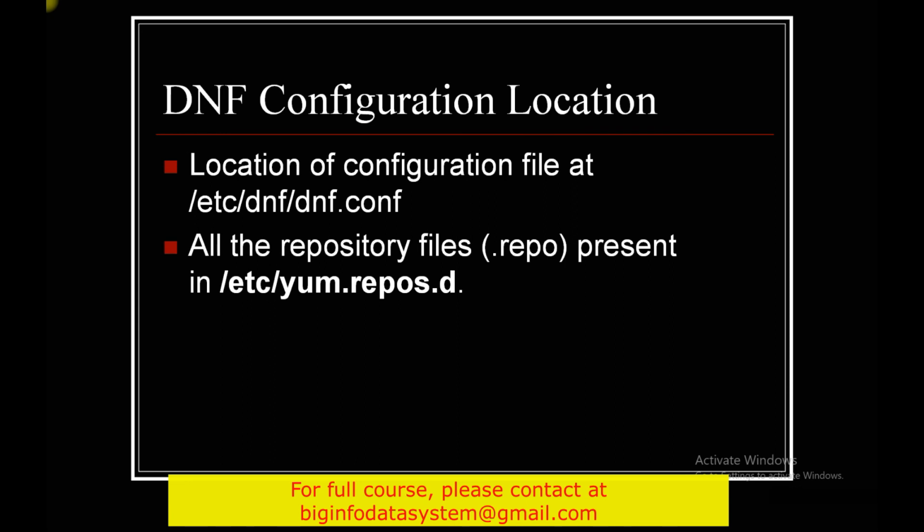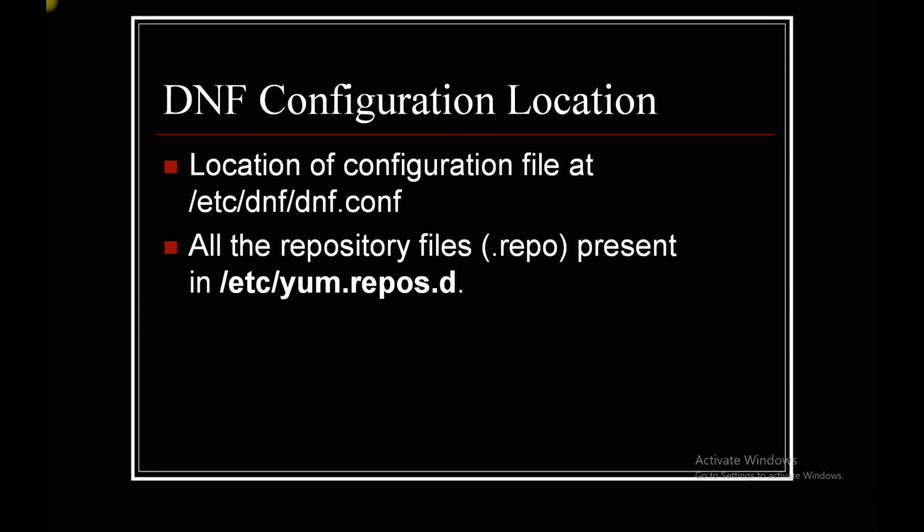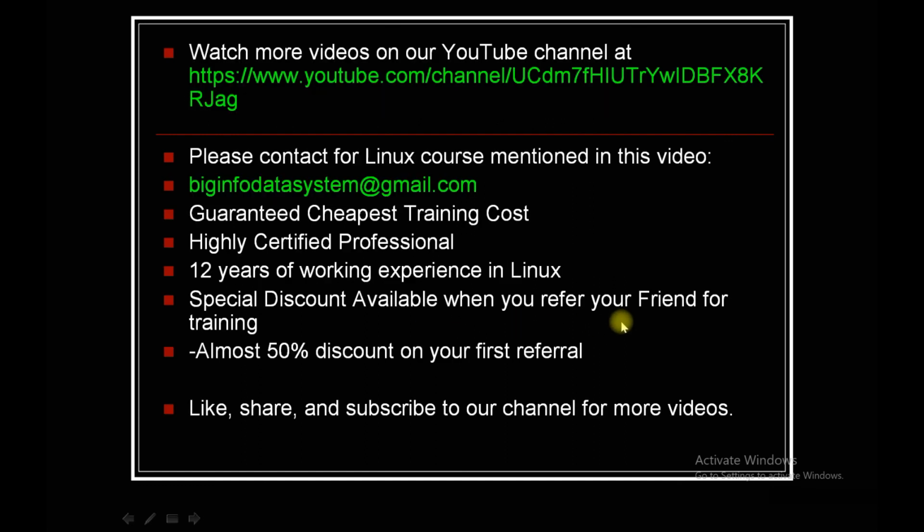Now the main important part: what is the configuration file for DNF? The configuration file for DNF is etc dnf.conf, and similar to yum, it uses the repo location etc yum.repos.d. Here you can create your manual repo, and from there it will point to the repository.